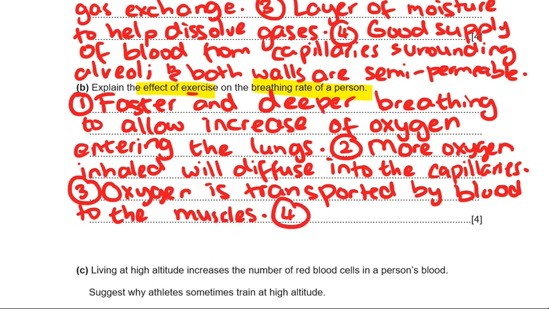And your main 4th point is about exercising, because when you exercise, you really need more energy for the muscles to contract. So we need to mention an increase in the rate of aerobic respiration as well.